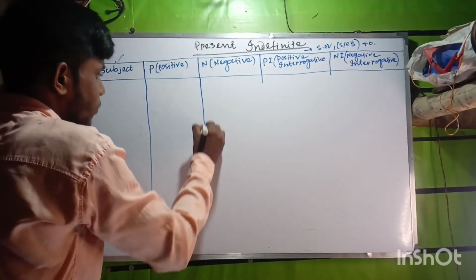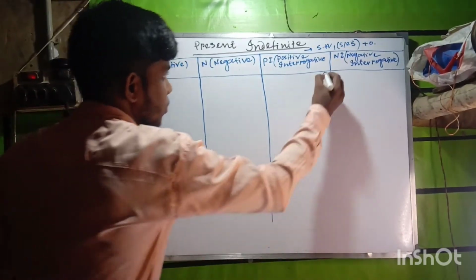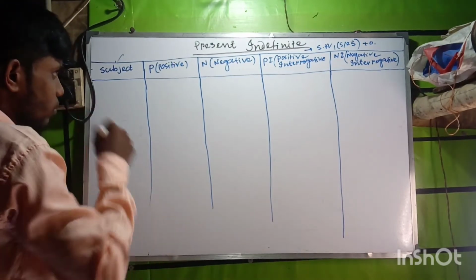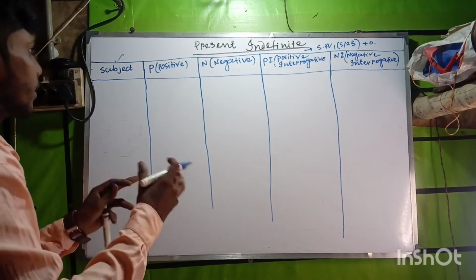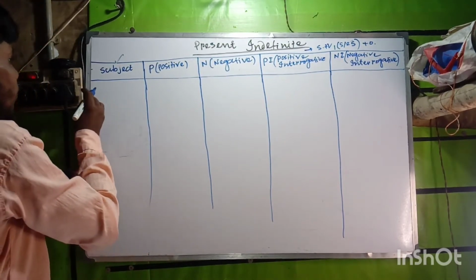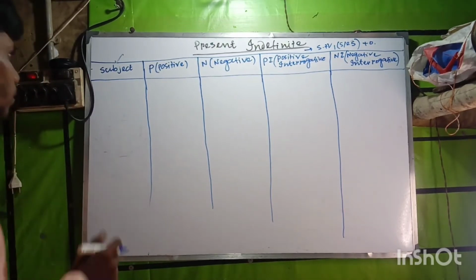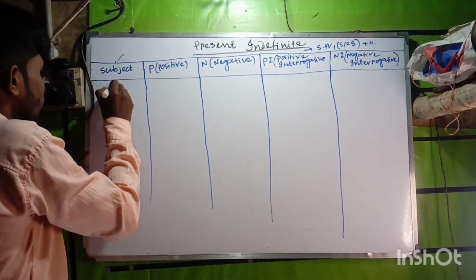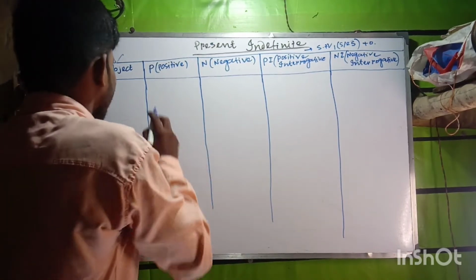First we write down the subjects. When we are going to build a sentence, we depend on those subjects which I write down on the board. Please look at. I, okay.